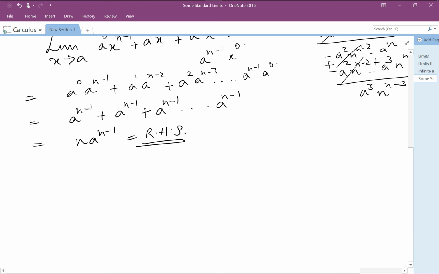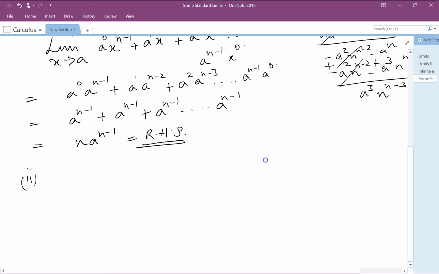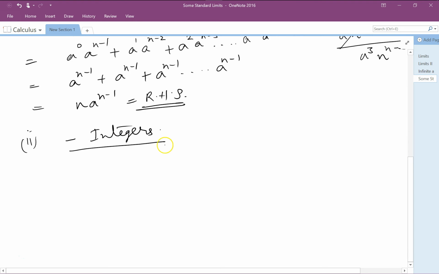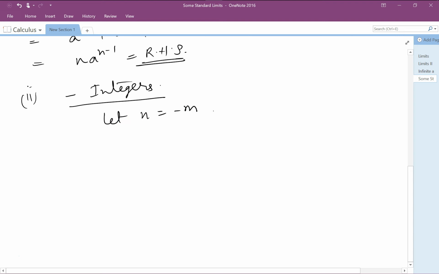Now let's look at the negative integers. Let n equal to minus m. So let's start.